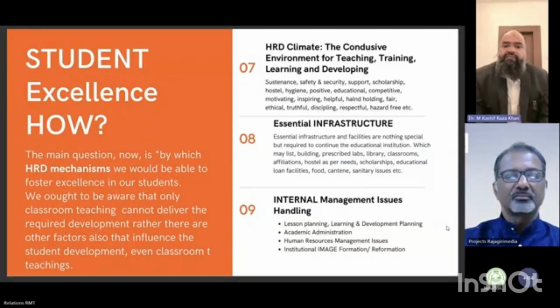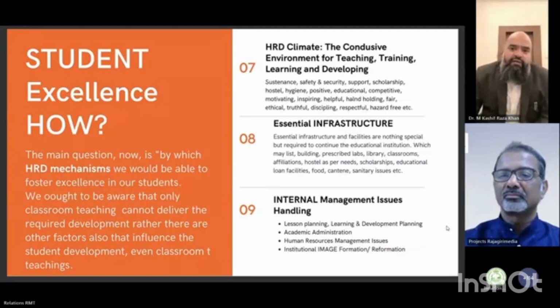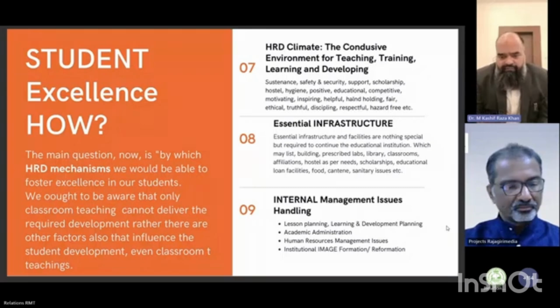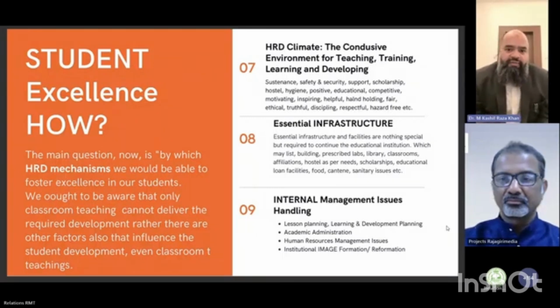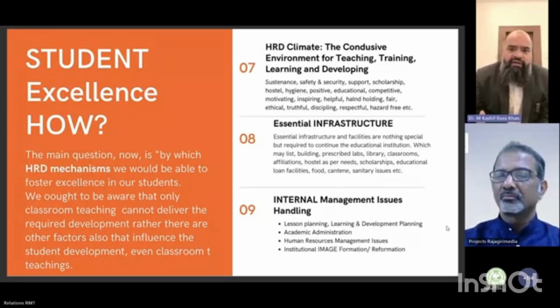The seventh HRD mechanism that can be utilized by our institutional leadership is the HRD climate: the conducive environment for teaching. Please correct the spelling of conducive. By mistake, it is F. It should be C-I-V-E. The conducive environment for teaching, training, learning, and developing.